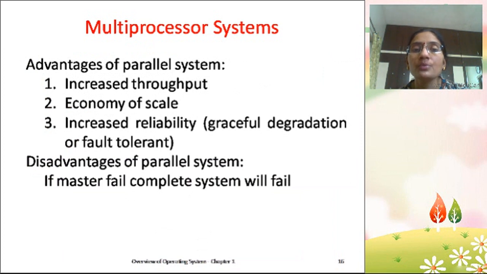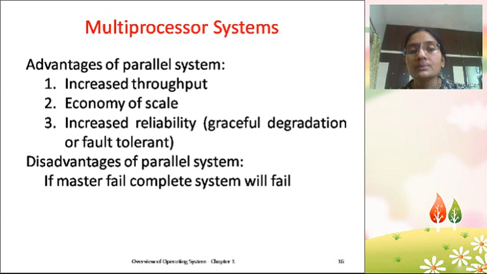Advantages: increased throughput, economy of scale, increased reliability. Increased throughput means that as there are multiple processors present in a single system, the throughput will increase.